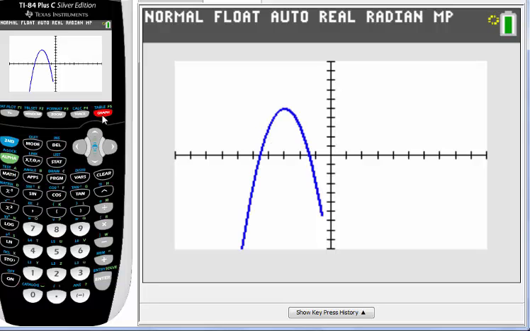Okay, so when we type this in, we can actually see that it has been moved 3 units to the left and looks like 5 units up. So that should be enough to find our correct answer. Don't forget you could have done negative b over 2a to find the x value of the vertex and then plugged it back in to find the y value.